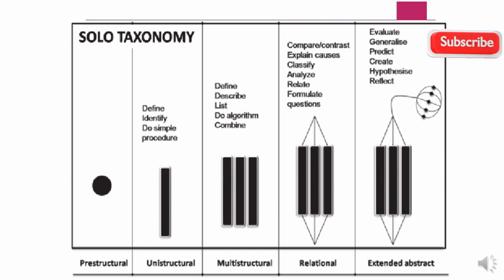The next is relational. In this, we compare and contrast, explain the causes, classify, analyze, relate, formulate questions. And the last one is extended abstract. In this, we evaluate, generalize, predict, create hypotheses, and reflect. So from the simple toward the complex, we have all the structures included in the SOLO taxonomy.